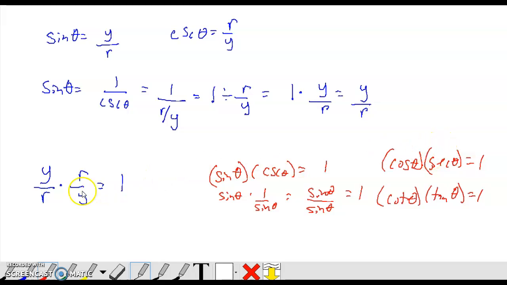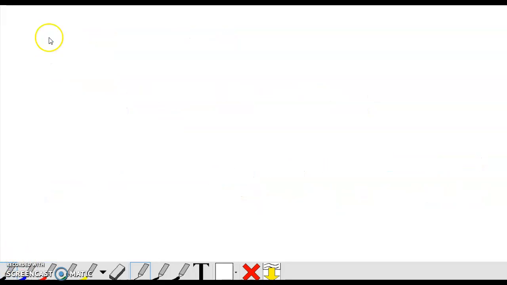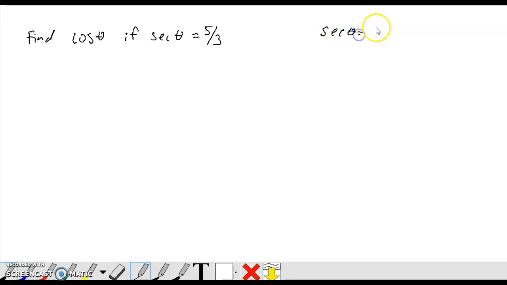So how can I use this to solve using our 6 trig functions? Say I ask: find cosine of theta if secant of theta is equal to 5 over 3. Secant of theta is r over x, and cosine of theta is x over r, so cosine should just be the reciprocal of this.